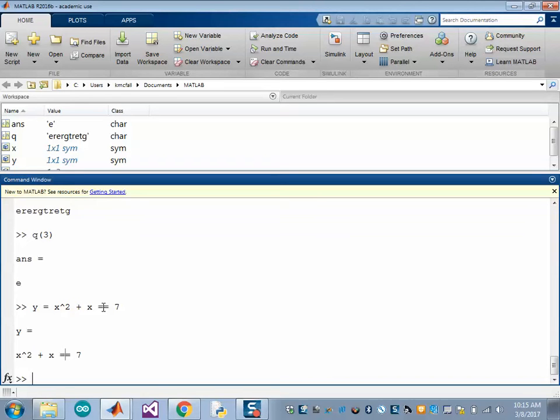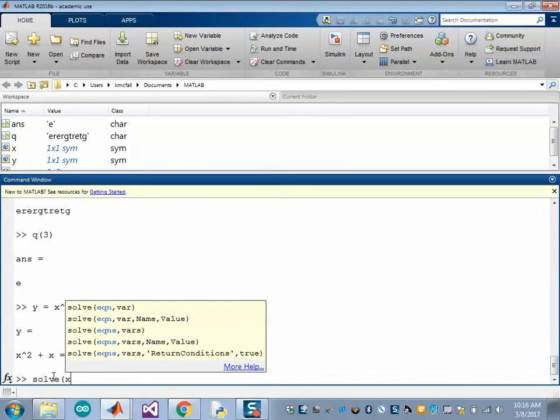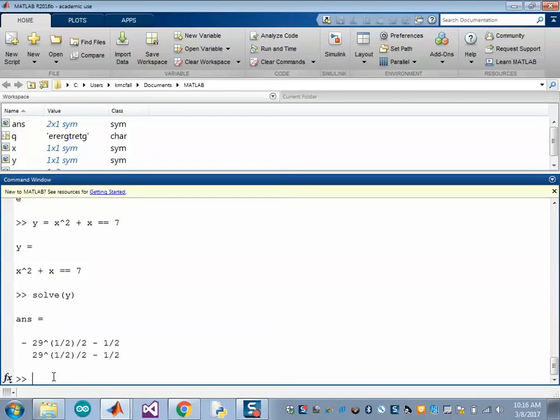But when you use the double equal symbol when working with symbolic expressions, it's saying the left-hand side of the double equals is actually equal, in a mathematical sense, to the right-hand side. So now y is an equation in and of itself, and I can use the handy-dandy solve command to solve y.